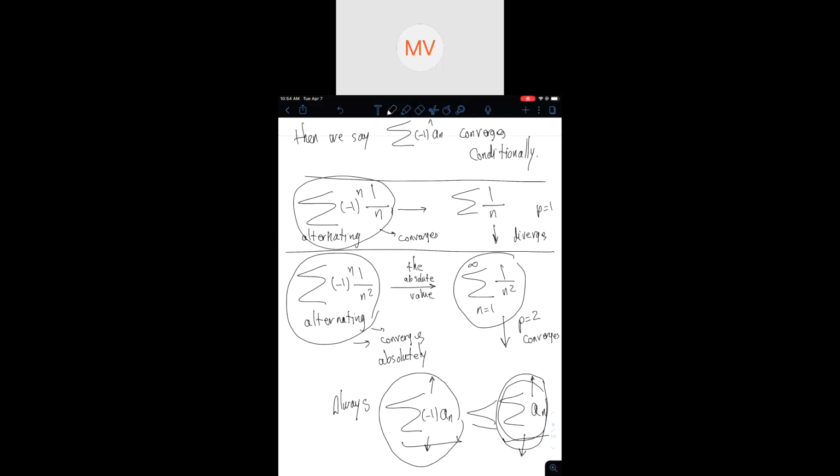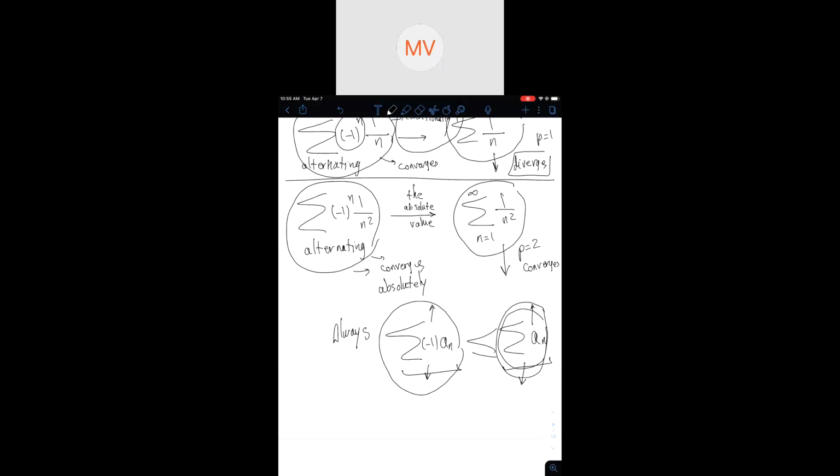So this is an alternating series for which only the original alternating converges. When you consider the absolute value one, that one diverges. This kind of convergence is called conditionally. Meaning this guy converges only under the condition of being alternating. If you remove this condition, it doesn't converge anymore, it diverges. For that reason, this kind of convergence is called conditionally.